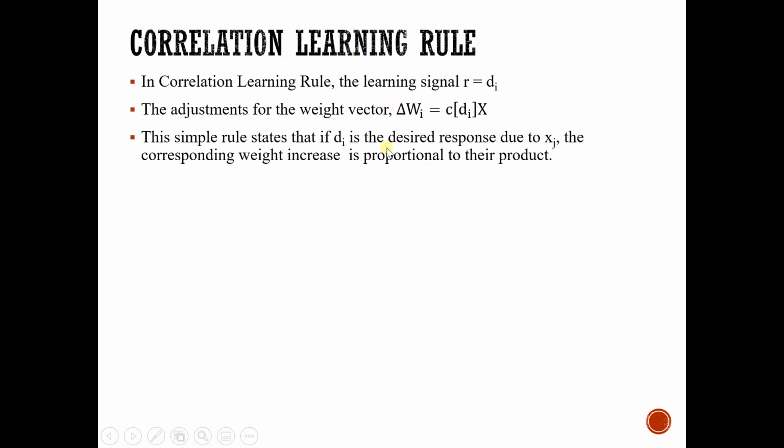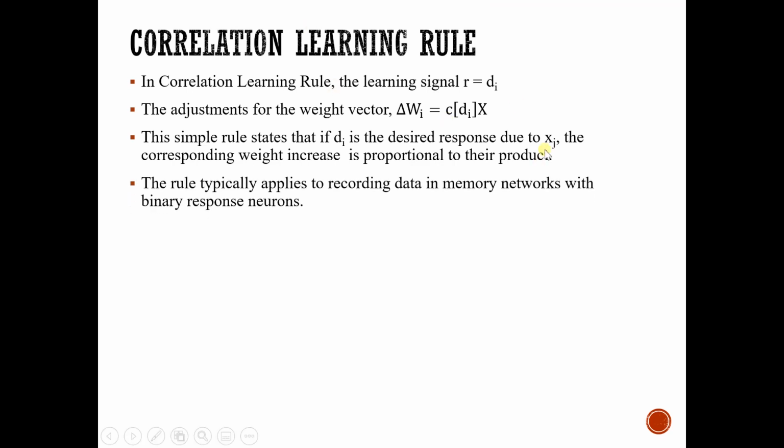For input x2, the weight w_i2 would be d_i into x2, that is the second value in the input vector, and so forth. Now this rule applies to recording data in memory networks with binary response neurons.